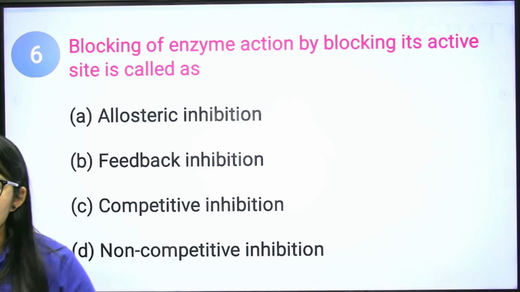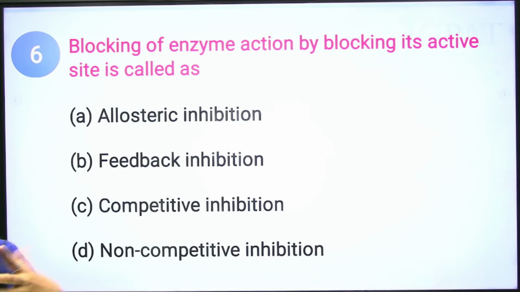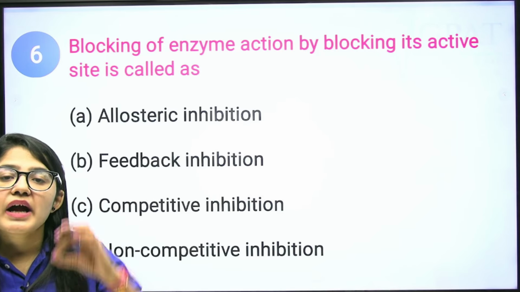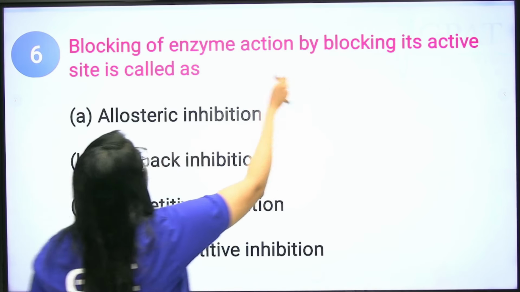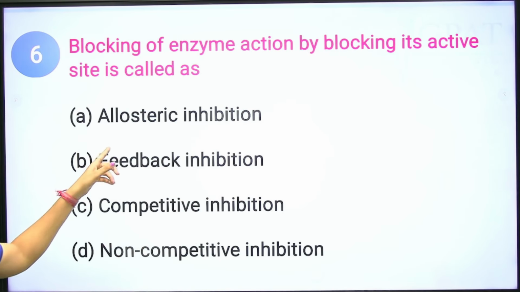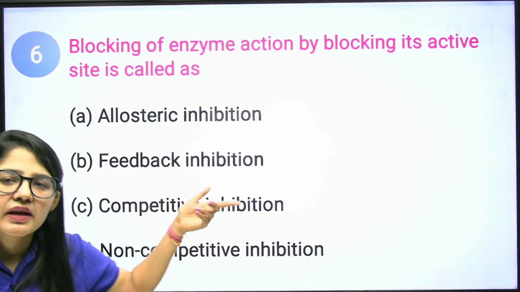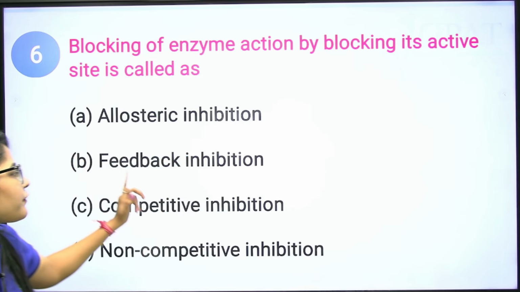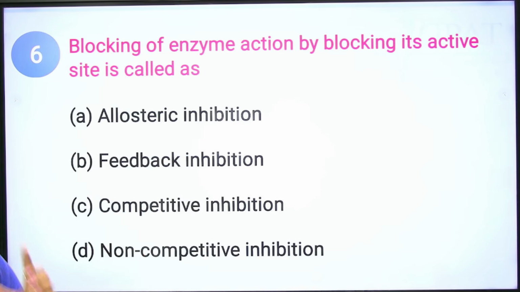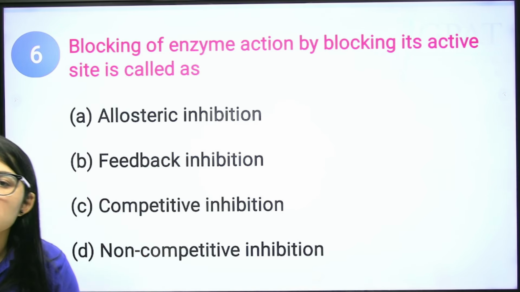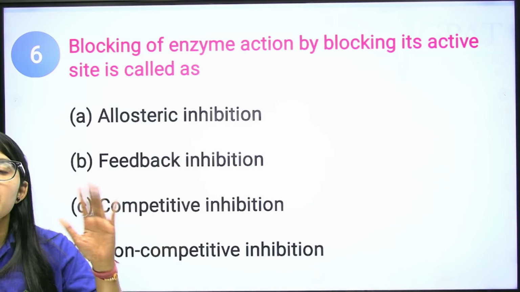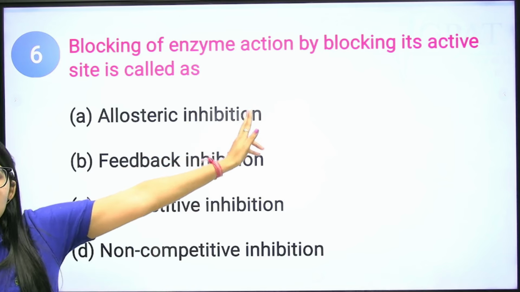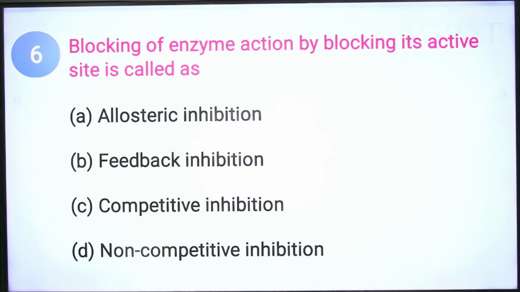This is a type of inhibitor that binds to an allosteric site, that means to a different site. This is known as allosteric inhibition. But the question says blocking its active site, but it binds to a different site. So this is wrong. Next we have feedback inhibition. So end product inhibits the first enzyme of the pathway. So this is also wrong because here it acts on the active site, not at the end product.